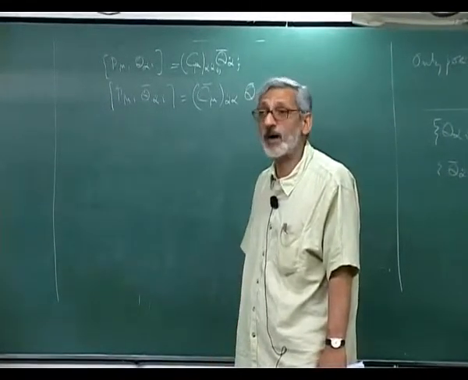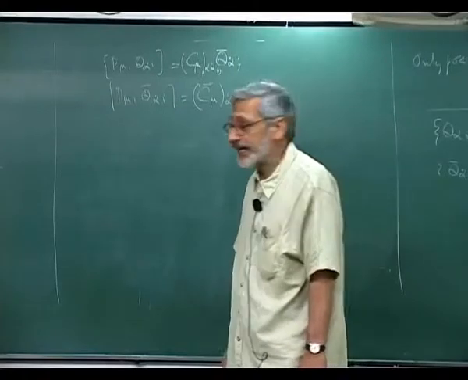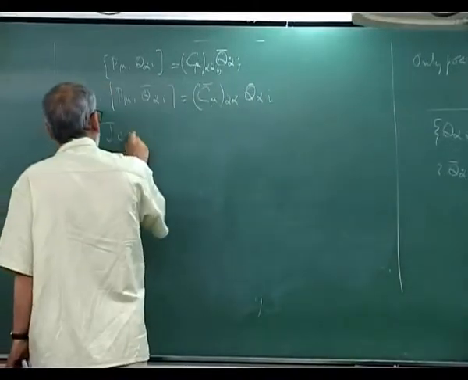Because it doesn't matter however complicated you make it, you go and check the Jacobi identity.